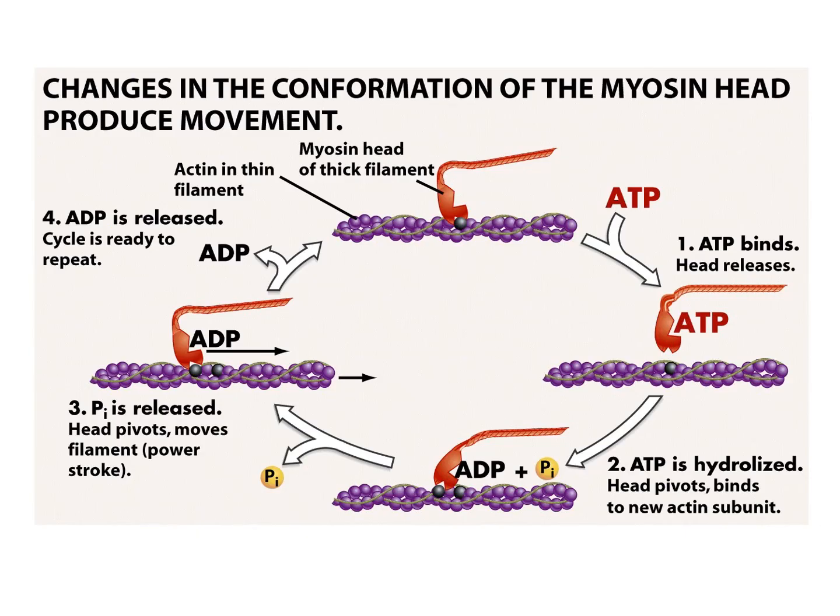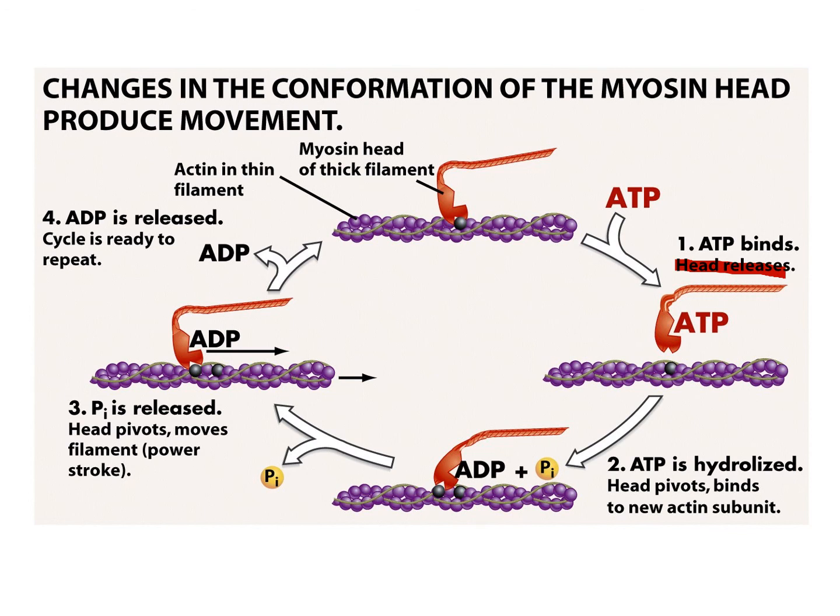This is another diagram describing the same kind of thing from a different textbook, actually, because I thought that maybe between the two it would be clearer. It's not exactly intuitive how that system works, but it involves binding. They've changed the order here. When ATP binds, the head releases.